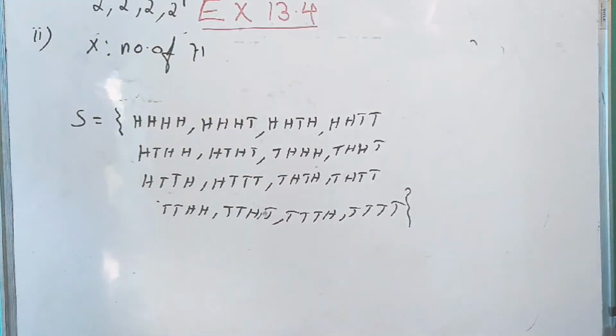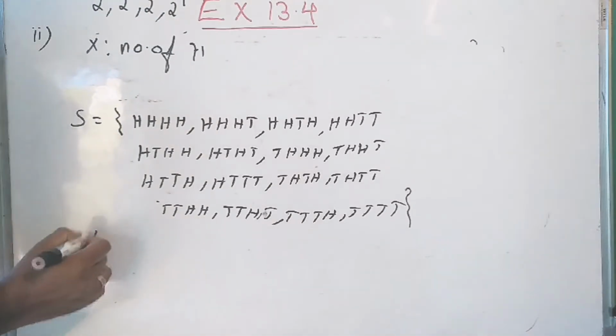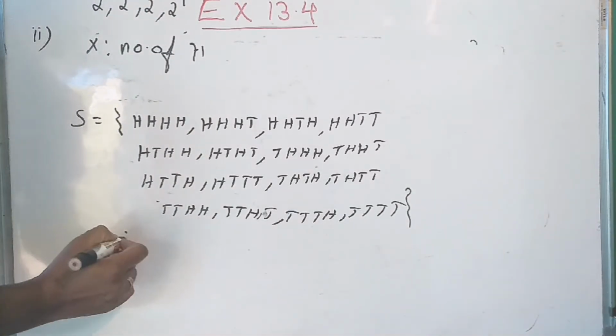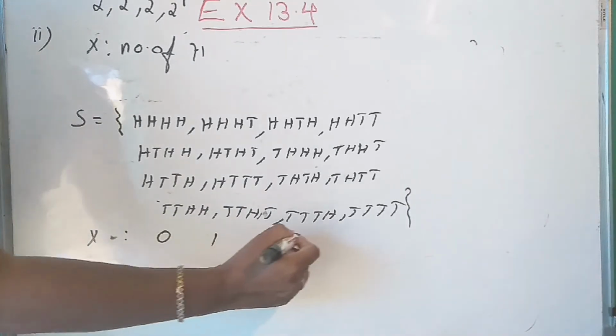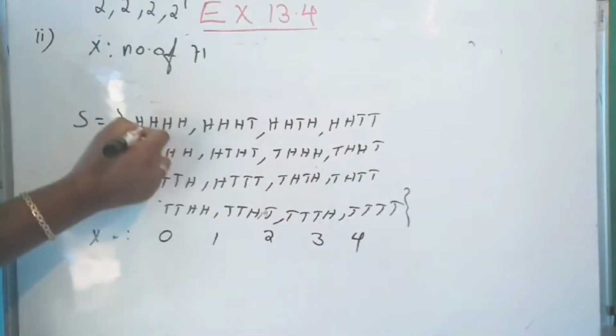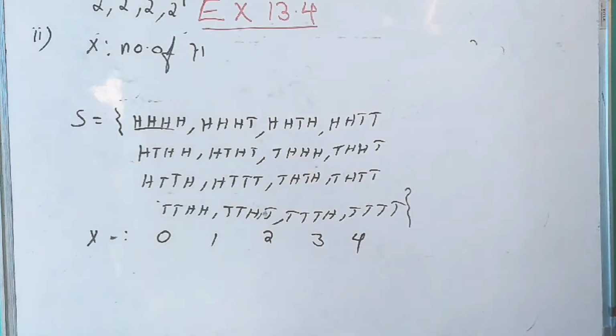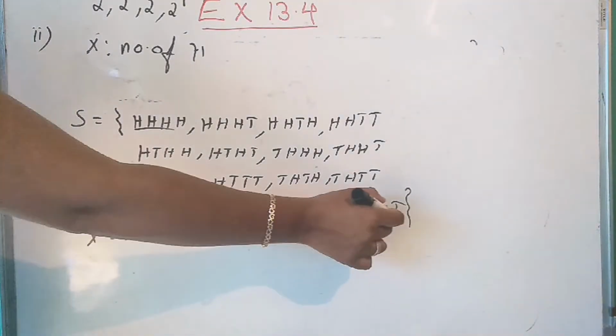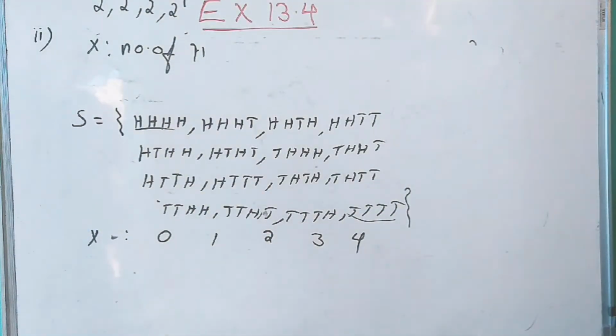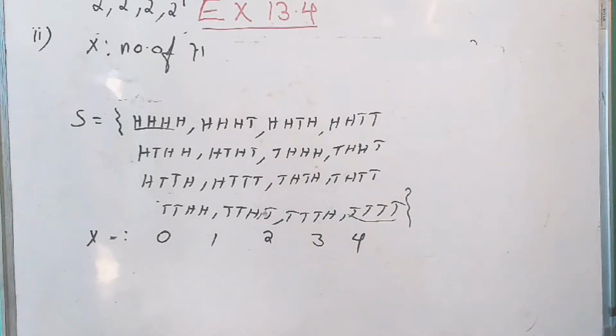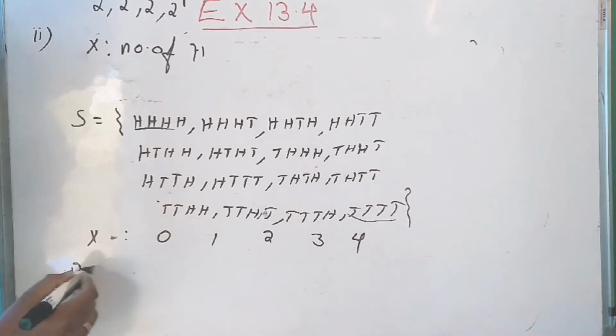So the possible values for X are 0, 1, 2, 3, 4, because in one outcome we have 4 heads and in another outcome we have 0 heads. So the possible values for X are 0, 1, 2, 3, 4. Now we are going to find out the probabilities, P of x.